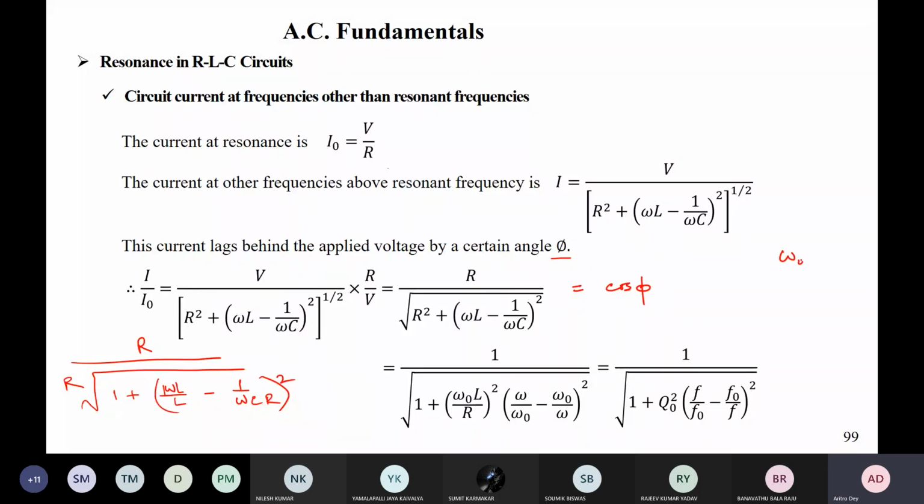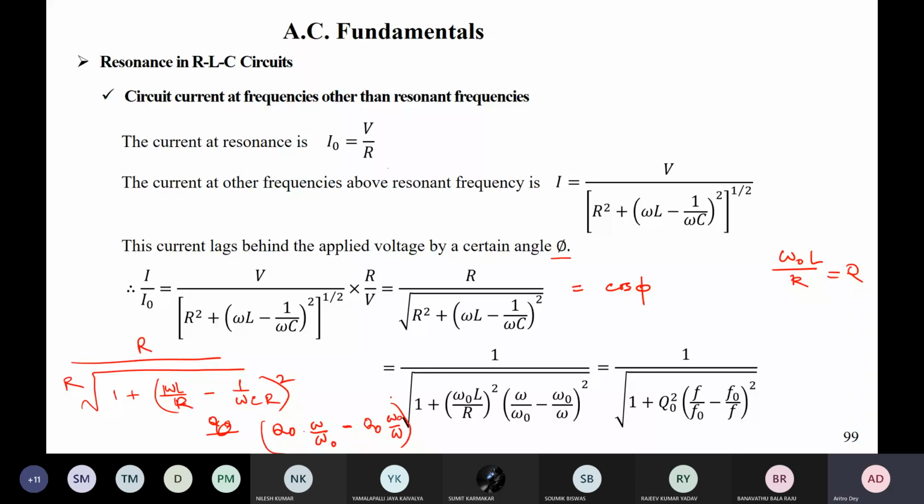Omega 0 L by R is equal to your Q0. So this part we can write as Q0 into omega by omega 0 minus, again Q0 into the other way around, omega 0 by omega, isn't it?